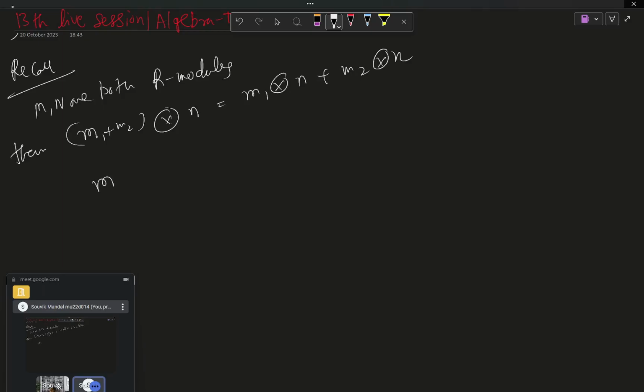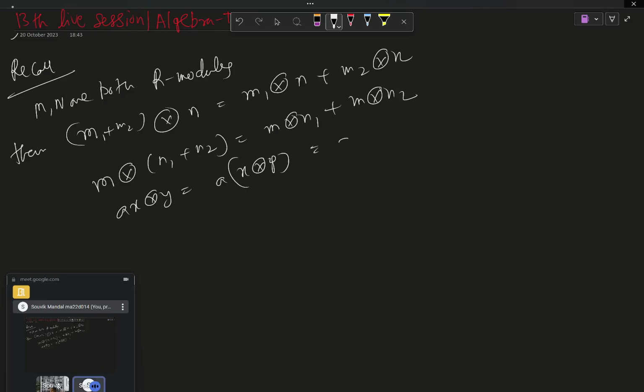Secondly, similarly, M tensor (N1 + N2) = M tensor N1 + M tensor N2. And ax tensor y = a(x tensor y), which is again equal to x tensor ay.